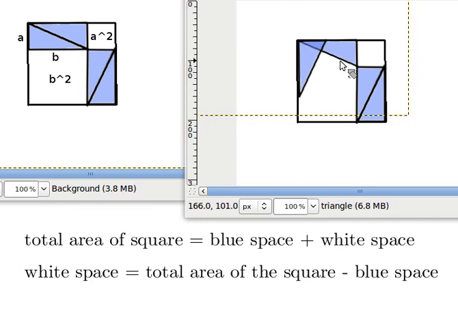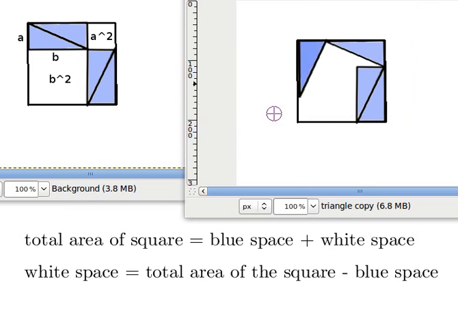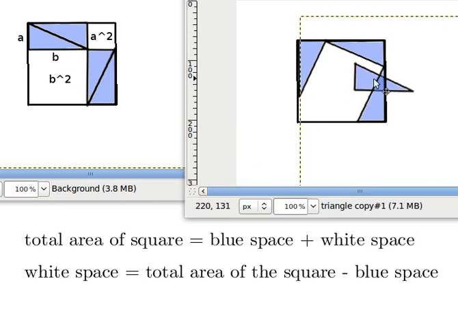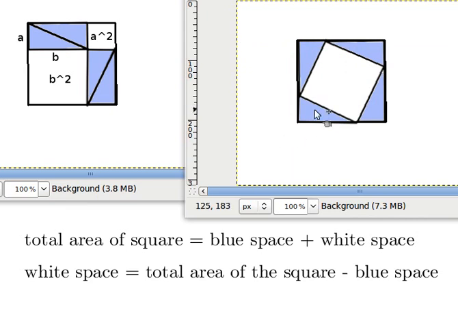But that's not going to happen in the end. So we don't want to rotate that. We just want to move it over here. Okay, so notice something.